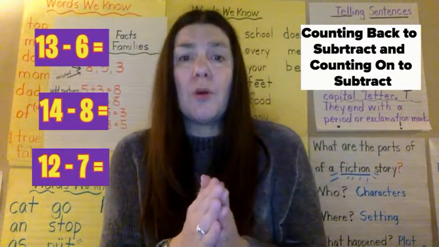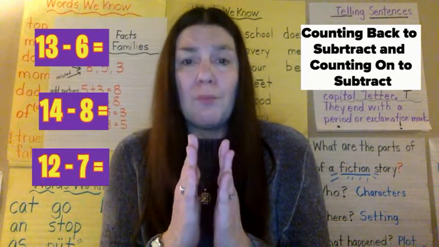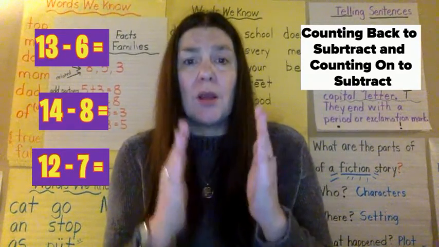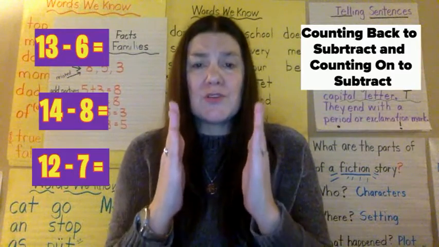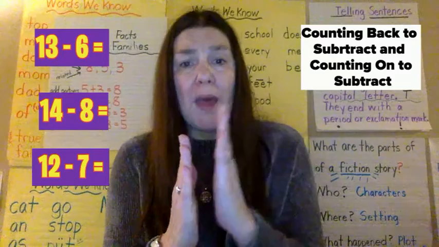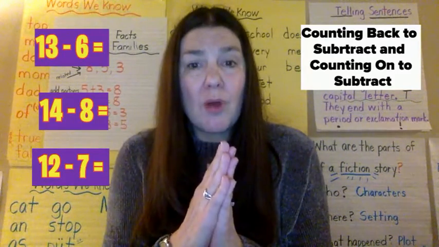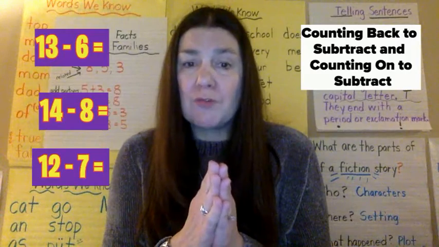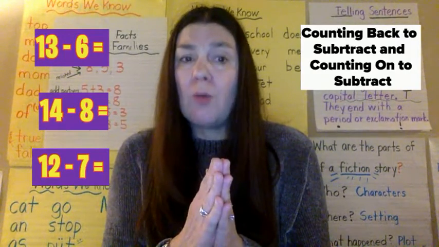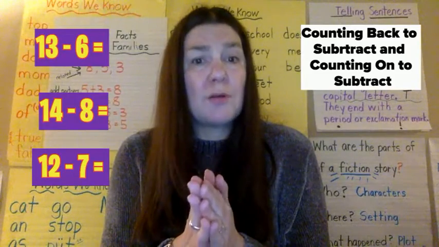So you can go either direction because no matter when you are subtracting, all you need to know is the spaces between those two numbers. So you can count back just like we did, or we can actually count on if counting on is easier for you.